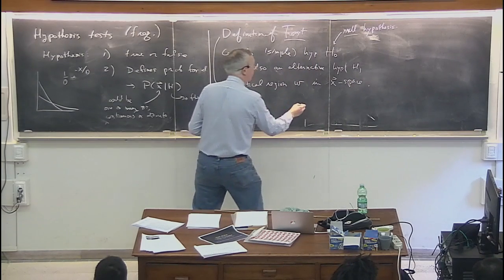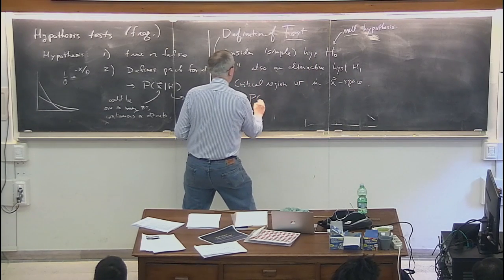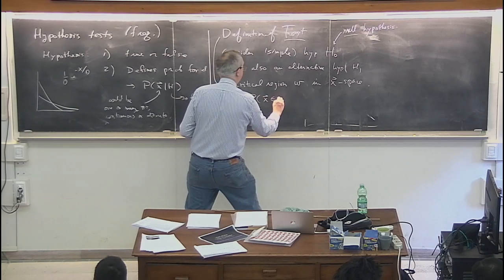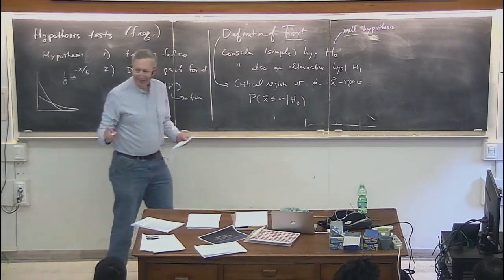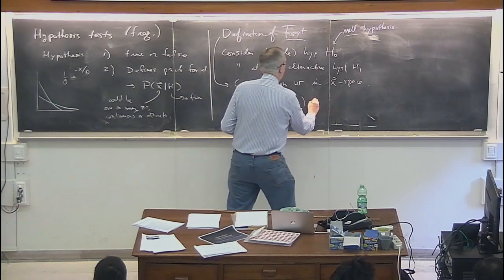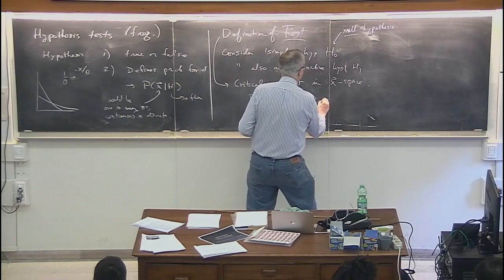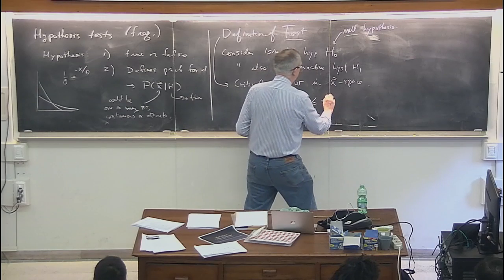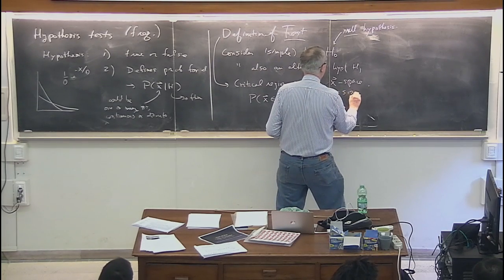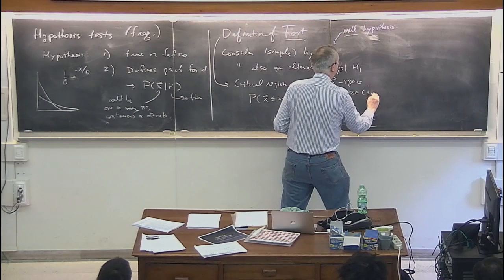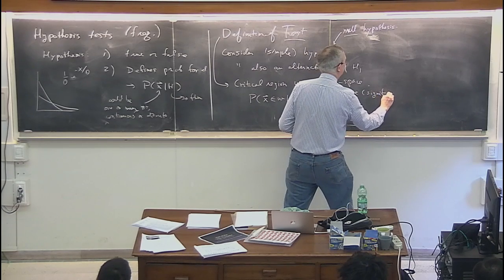And the defining property of the critical region is that the probability to find the data in the critical region under the assumption of the hypothesis that I'm testing, H0, should be less than or equal to a specified constant that I'll call alpha. It's always called alpha for some reason. And this is called the size, or sometimes called the significance level of the test.